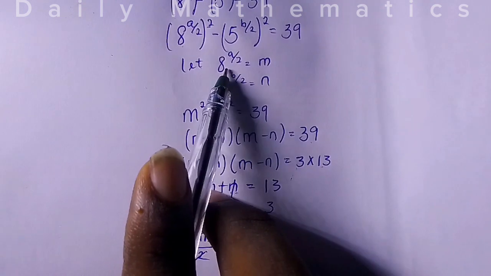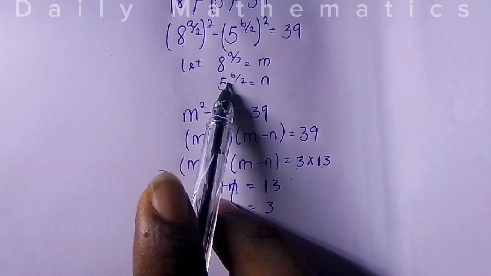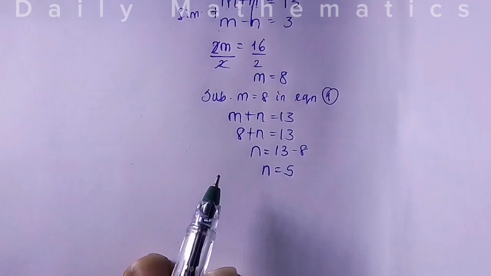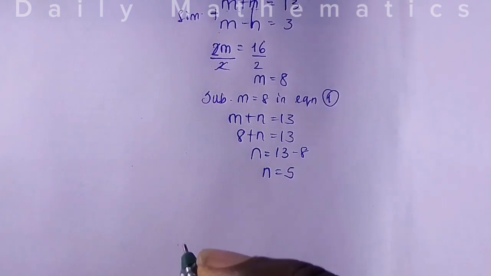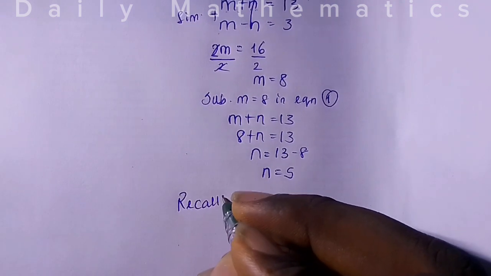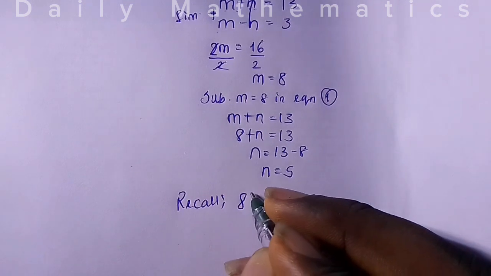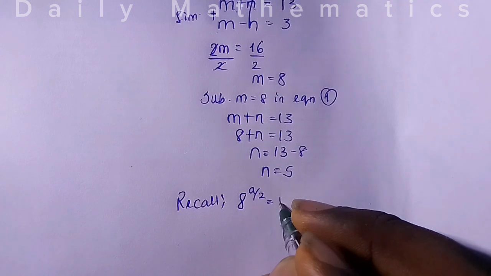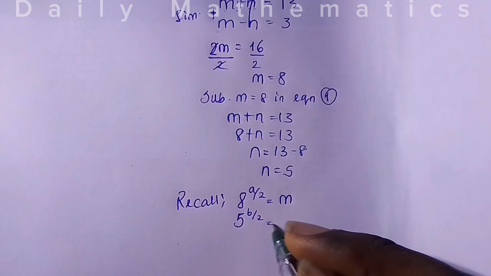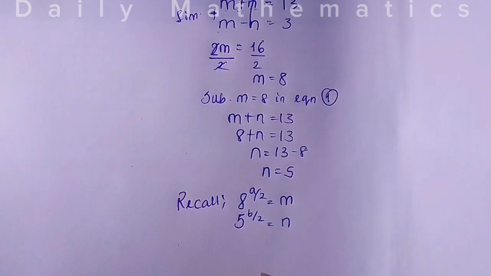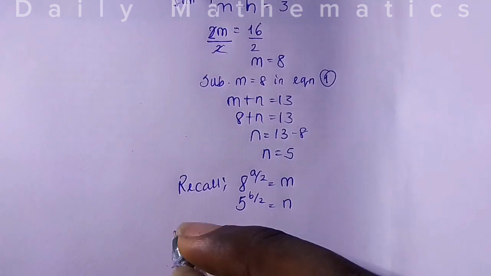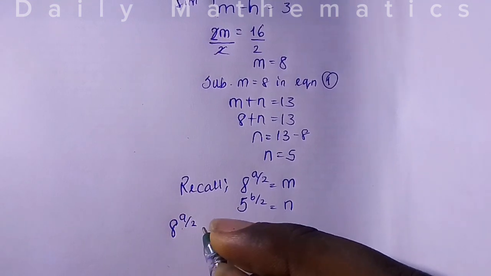Now, since n equals 5, recall that 8 raised to the power of a over 2 equals m, and 5 raised to the power of b over 2 equals n, right? So let's do both here. 8 raised to the power of a over 2 equals m.